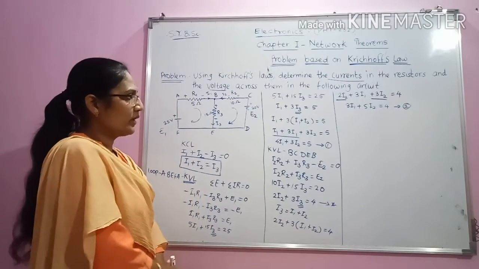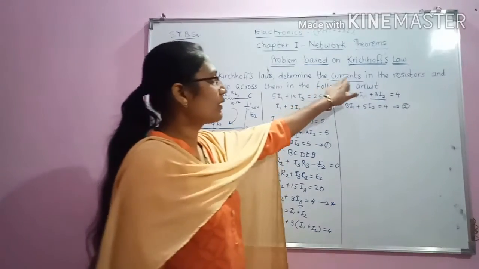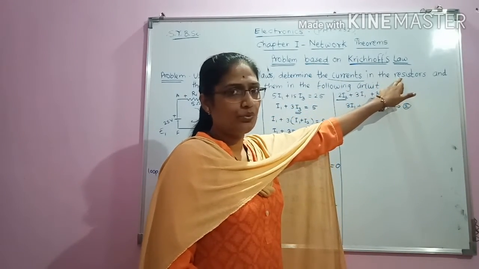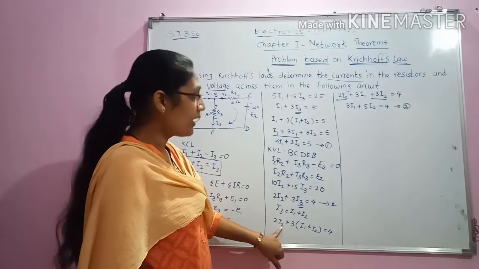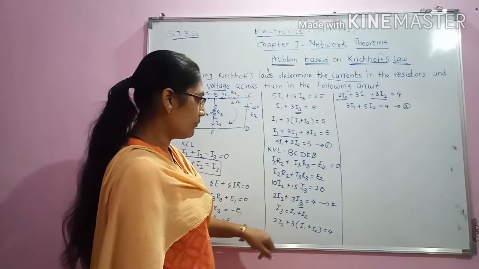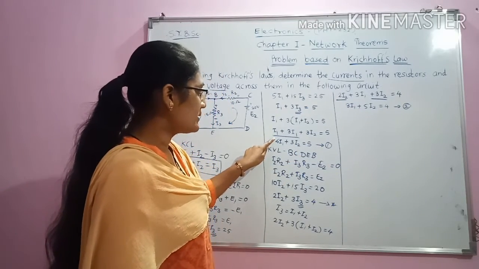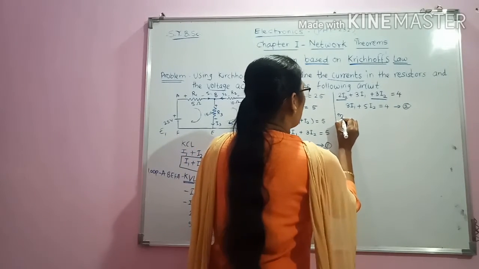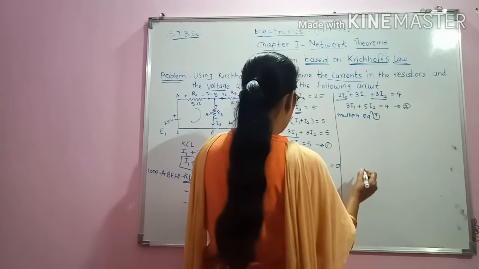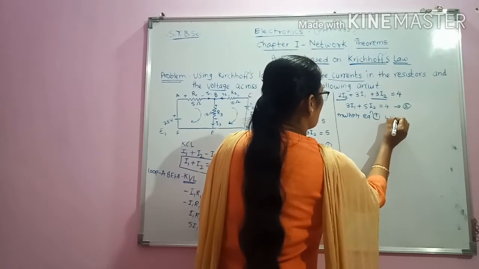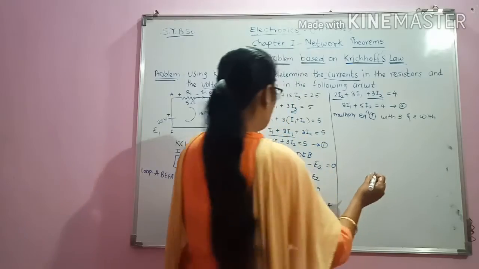Now, what was our question? We have to find the currents in the resistors, I1, I2 and I3. In order to find them, we will make either I1 or I2 the same in equations 1 and 2. To do this, we will multiply equation number 1 by 3 and equation 2 by 4.